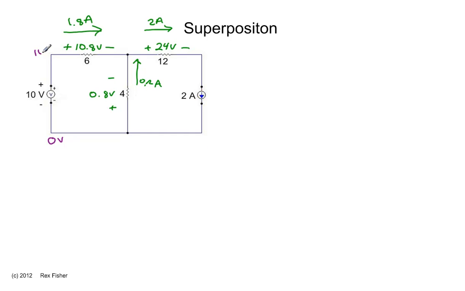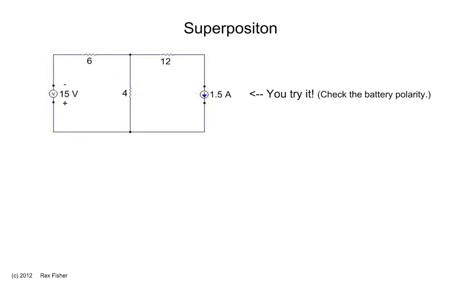So this corner is going to be a positive 10 volts. We're going to drop 10.8 volts. So right here is a minus 0.8 volts. Then we go up 8 volts back to 0 volts. So that loop works.